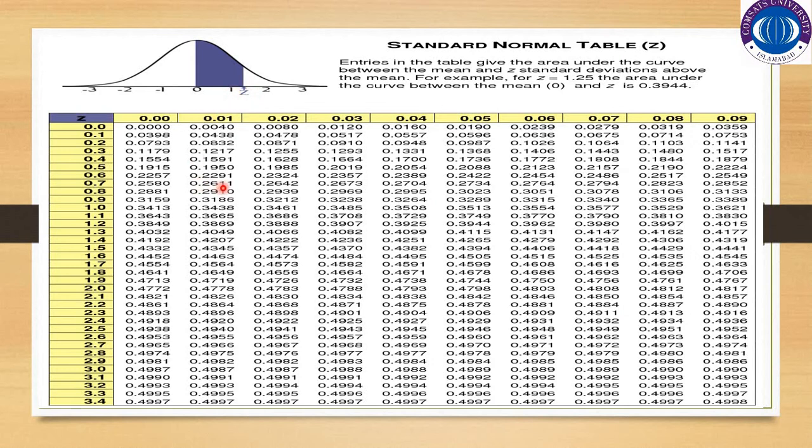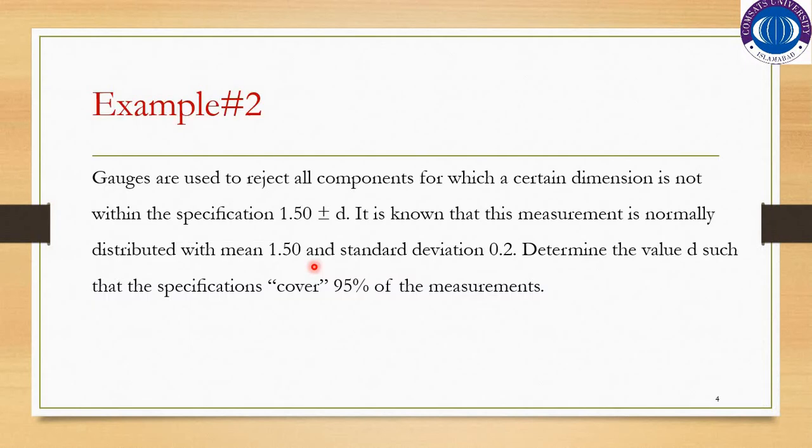And in this lecture, we are discussing how to find out this value of z when we know this area between mean and the specific value of z. So we will continue with the examples.